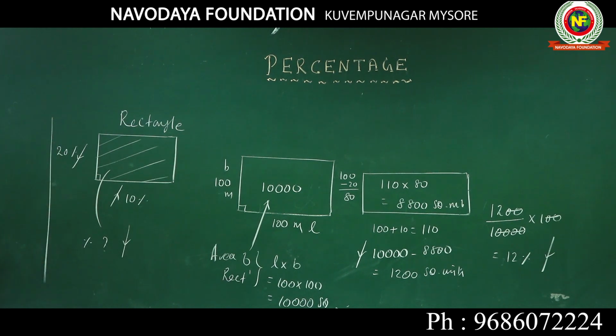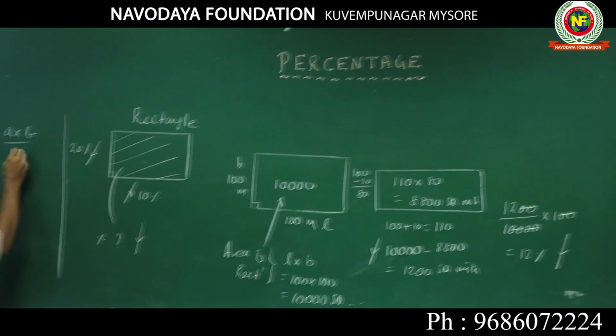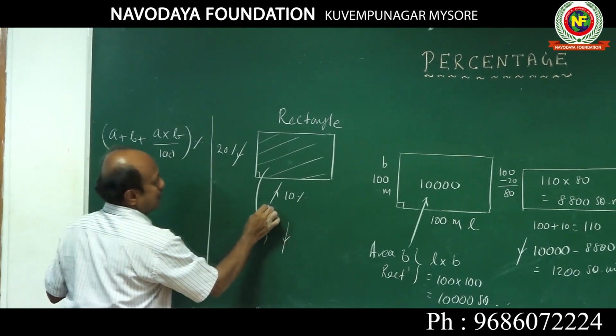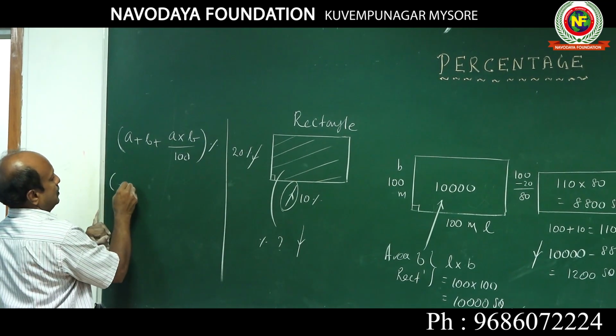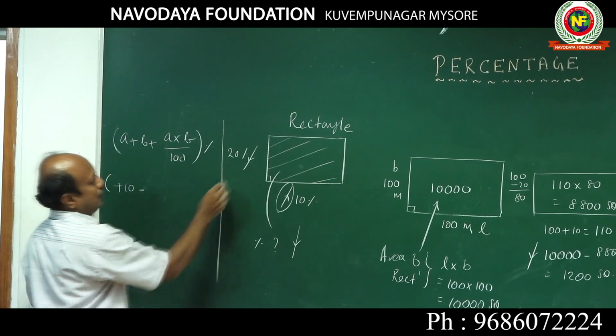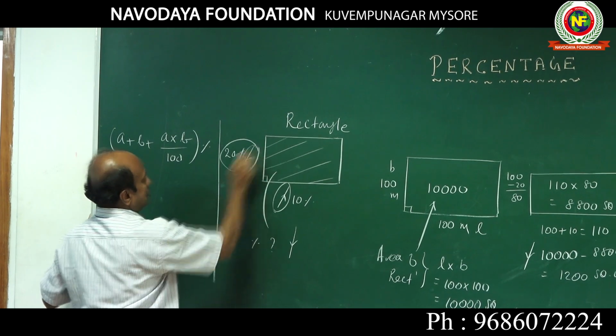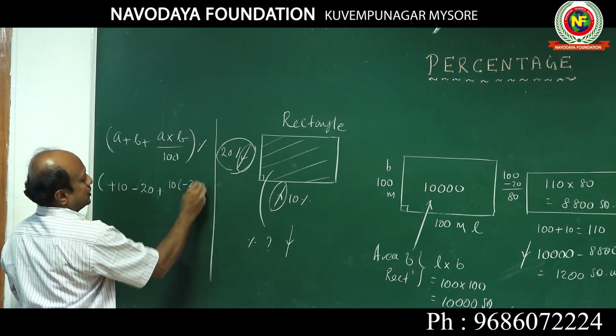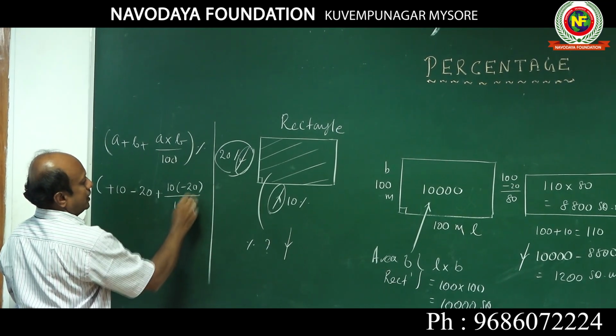But you can make use of the formula which I have given earlier. The formula is A plus B plus A into B over 100 percent. What is the A value? It is an increase, therefore plus 10. What is the B value? Decrease, therefore minus 20. Plus 10 into minus 20 by 100 percent.